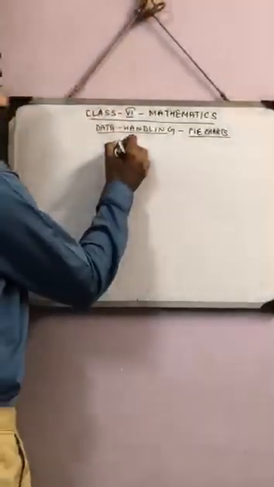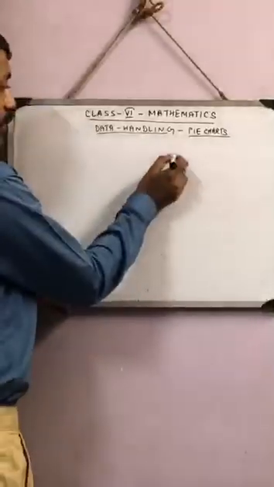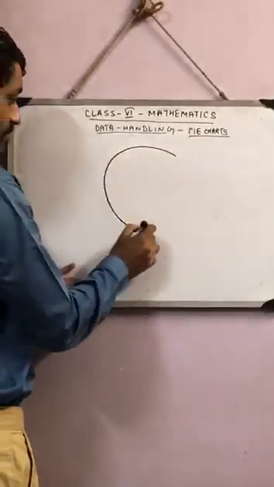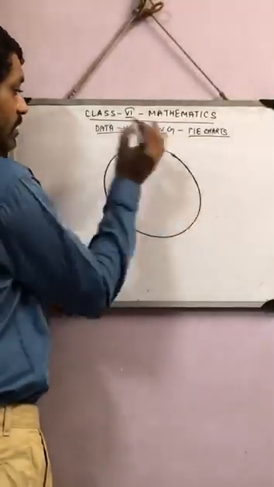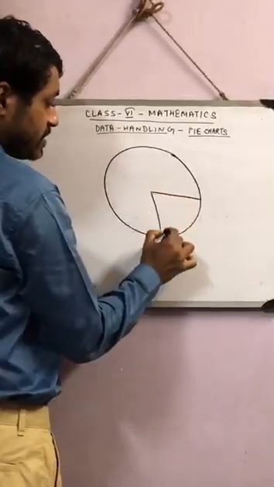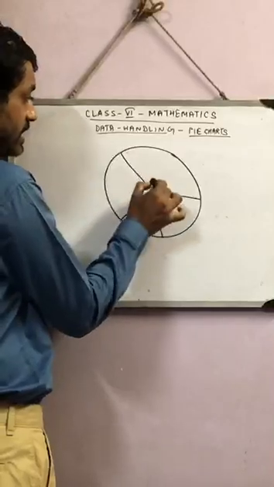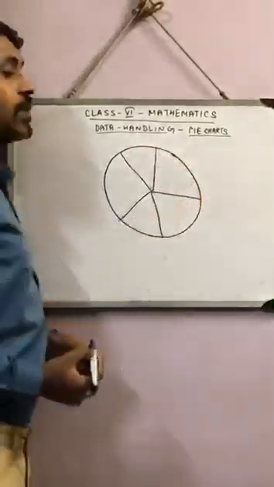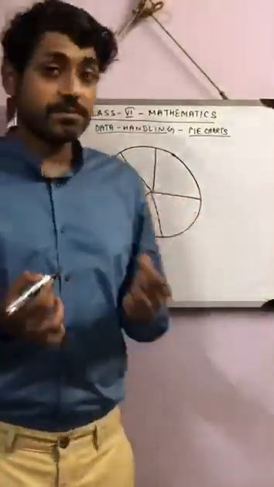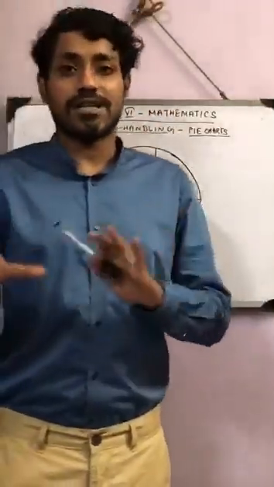The first thing, what does a pie chart show or how is it represented? We draw a circle with a center. Different sectors of the circle are marked, and these different sectors, obviously starting from the same midpoint, the center of the circle, will represent the different aspects of the sum.